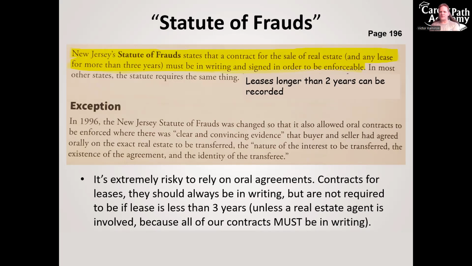Because it doesn't matter the length of time, real estate agents always have to have it in writing to be entitled to a commission. And if leases are 2 or more years in length, they can be recorded in a public record. So somebody can record their long-term lease interest in someone else's property in the public record.